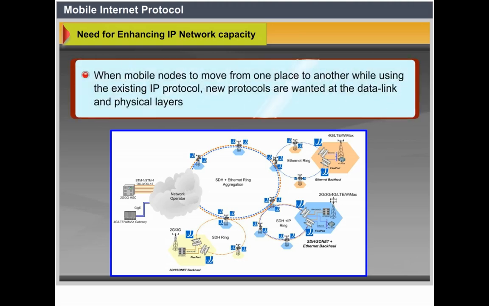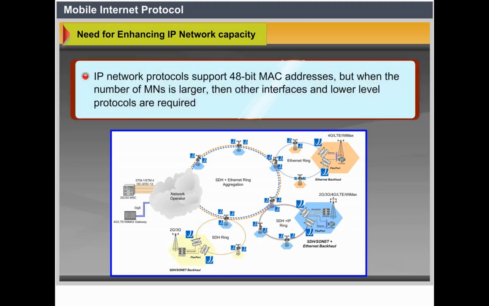When mobile nodes move from one place to another while using the existing IP protocol, new protocols are required at the data link and physical layers. IP network protocols support 48-bit MAC addresses, but when the number of MNs is large, then other interfaces and lower-level protocols are required.